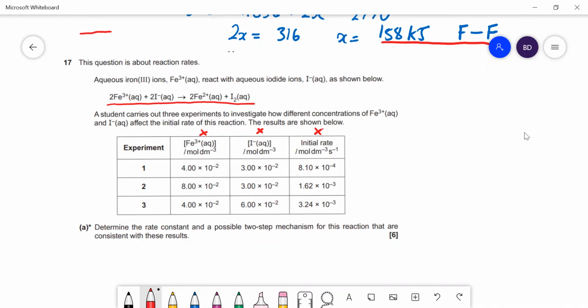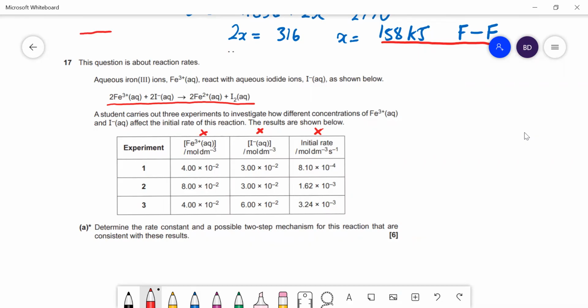So you've got to determine the rate constant, and suggest a possible two-step mechanism for the reaction that is consistent with these results. So I think we need to work out the orders with respect to things first of all.